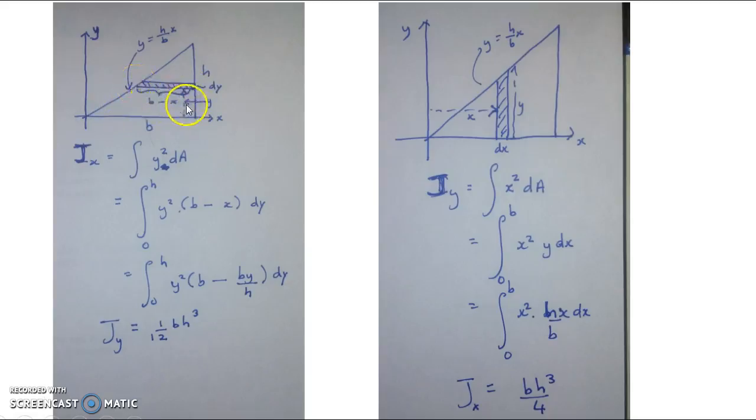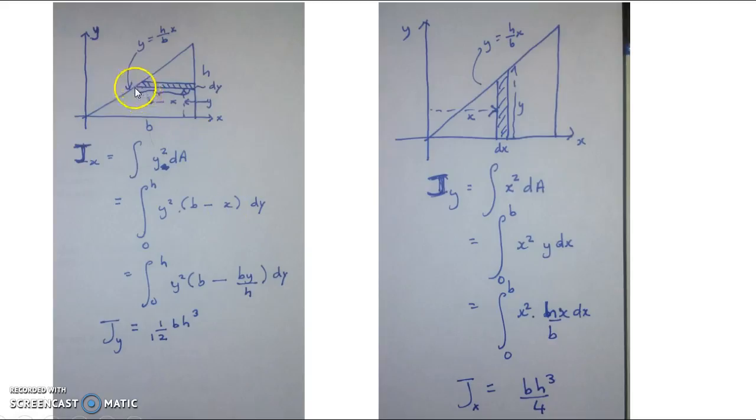So b minus x. My dA is b minus x times dy. Okay, so I have y squared times b minus x dy, my total integral. Now here's a problem. I still have x in this term, and I'm integrating with respect to y. So how do I express x in terms of y?